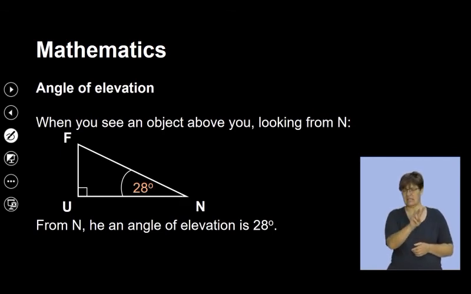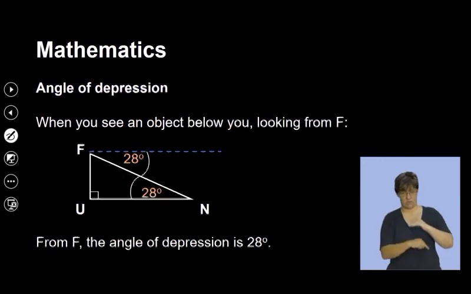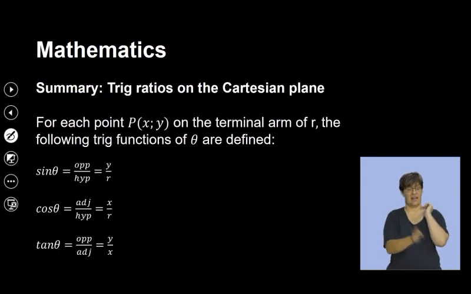Also, when you see an object above you, looking from where you are, remember that we are talking about the angle of elevation, and if you're looking at it below you, we're talking about the angle of depression. And then lastly, for each point, we're now going to use x, y, and r to talk about the ratios.